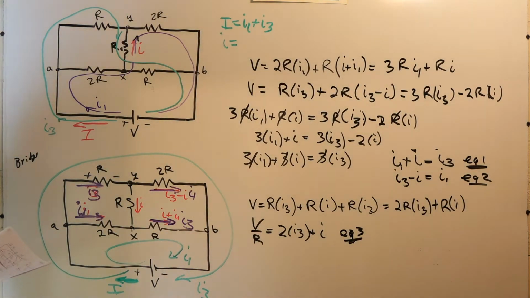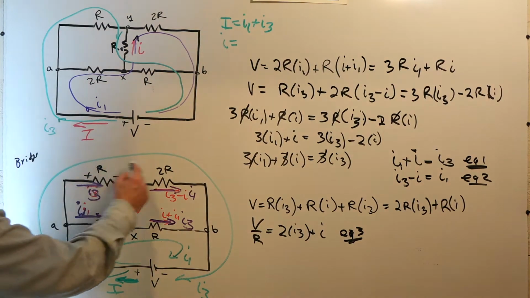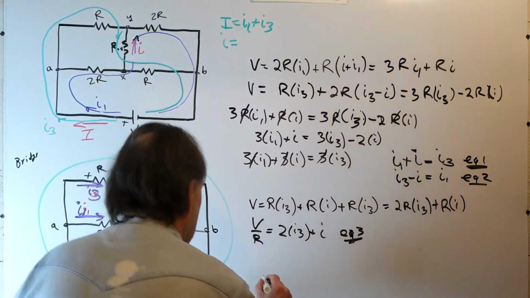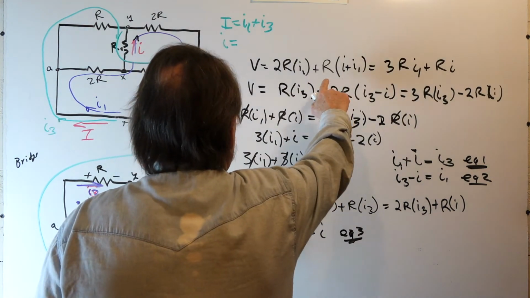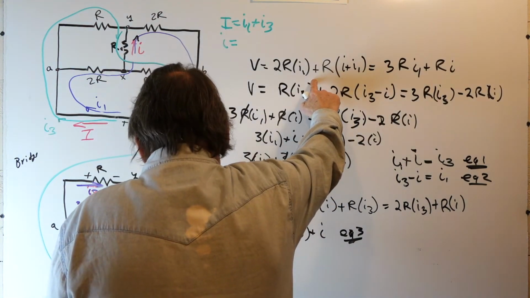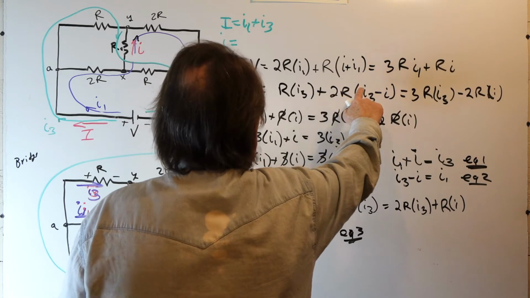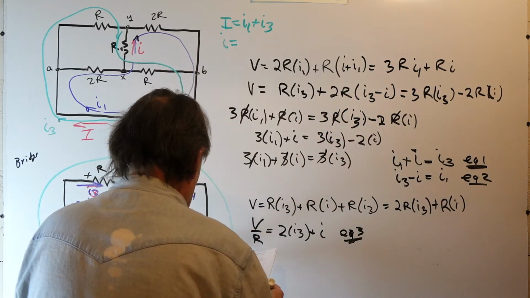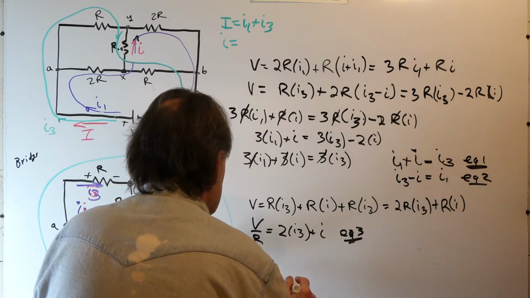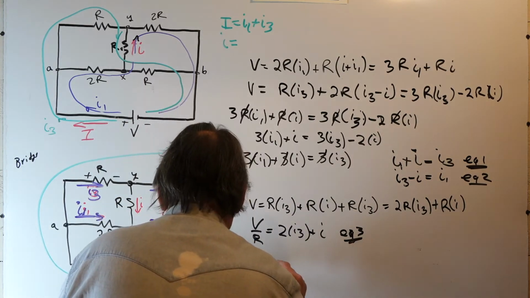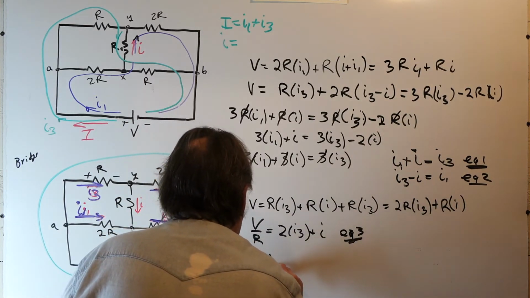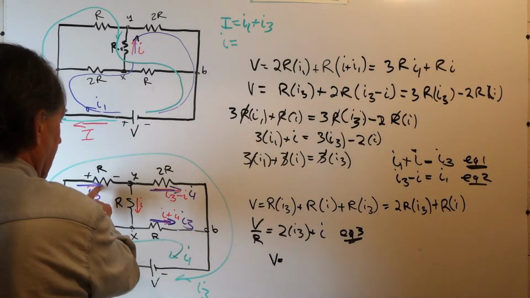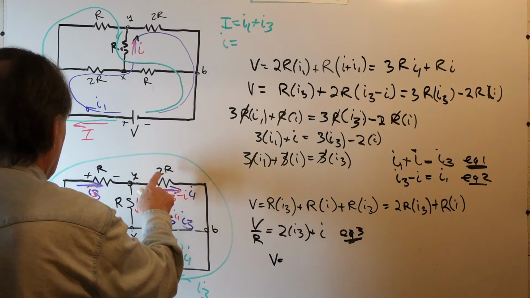Now, on the outer loop, going from A, Y, B, we can sum our voltages. We've already done that on the outer loop here, but we'll do it using our current symmetry now. So we can write that on the outer loop, V is equal to I3 R plus I1 times 2R.